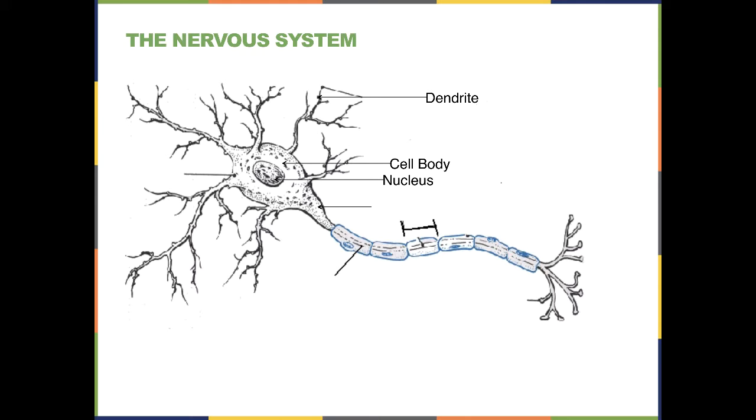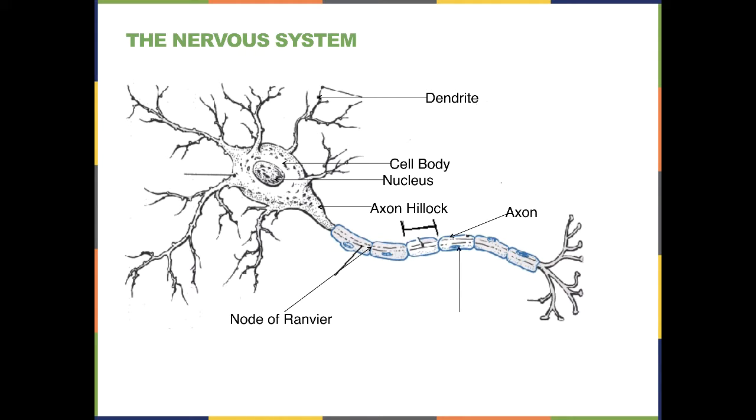This is the top of another part of the cell, and it's called the axon hillock. The axon hillock is part of the entire axon, which leads from the cell body out along this entire passage. This little gap or space between these sections of the axon is called a node of Ranvier.